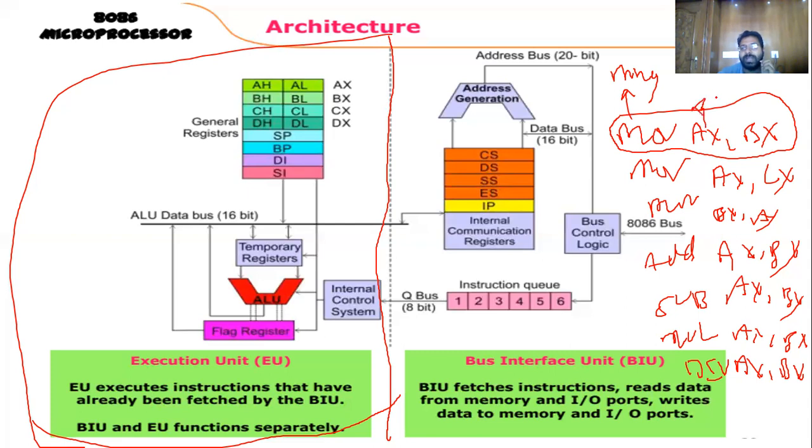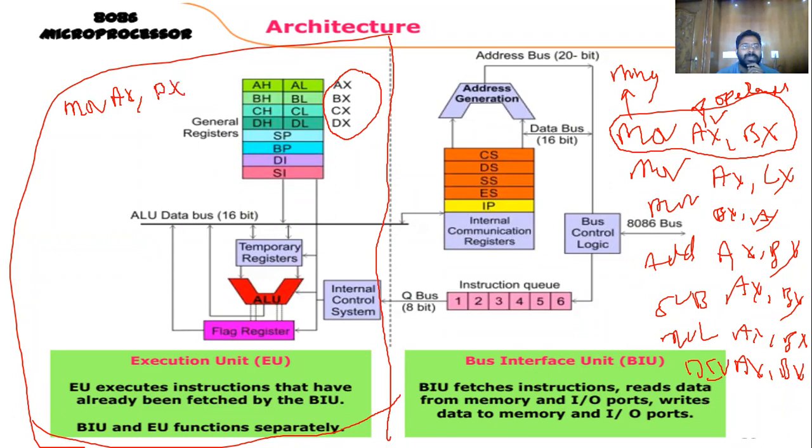These we can call operands. In most cases operands are these registers, general purpose registers. So what is the meaning of this? Move ax comma bx. Once again, see this: move ax comma bx.